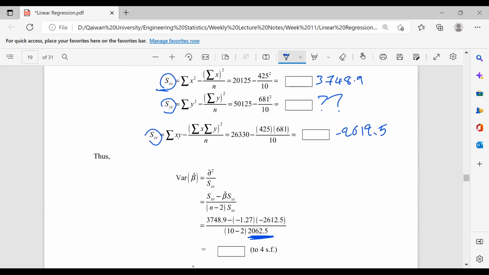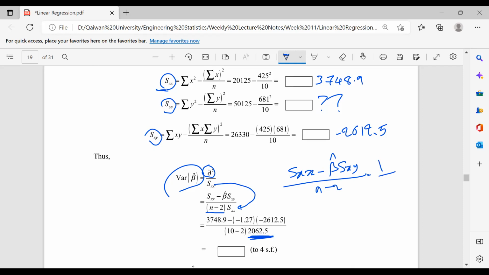After finding these all, we can get the variance. The variance is sigma hat squared over s sub xx. And here, sigma hat squared is s sub yy minus beta hat times s sub xy divided by n minus 2, and you already have s sub xx, which is in the denominator. So sigma hat squared is that, all multiplying by 1 over s sub xx.